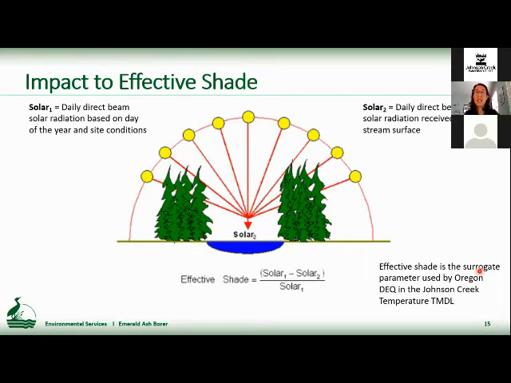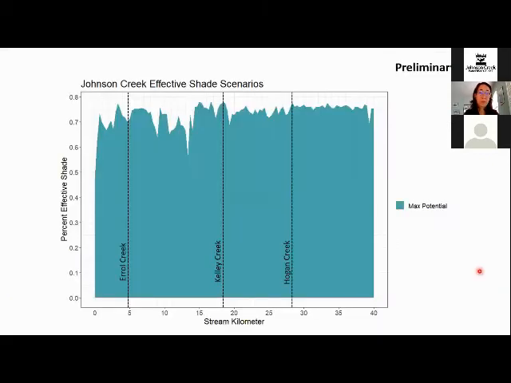This is the amount of incoming solar radiation that is blocked by the streamside vegetation, the riparian zone. It gives you a sense of how much solar radiation is reaching the stream and therefore how much potential warming might happen as a result. It's the parameter that Oregon DEQ uses in many of their temperature TMDLs, including that of Johnson Creek.